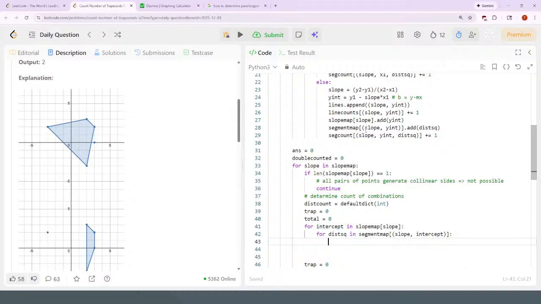And then maybe I do need a separate thing called current.